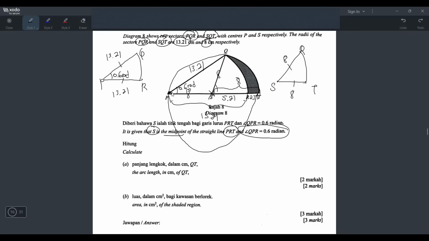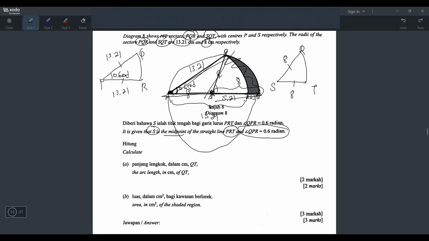This angle is from arc QT drawn to here, and this angle is also from arc QT drawn, but one is drawn to the side and one is drawn to the center of the circle. From arc QT to P is 0.6, but from QT to the center S, it will be 1.2.